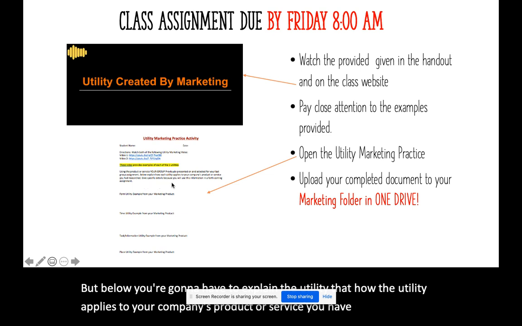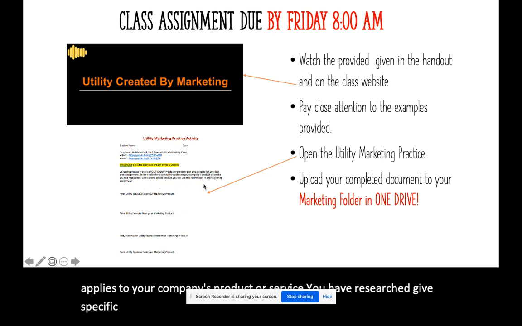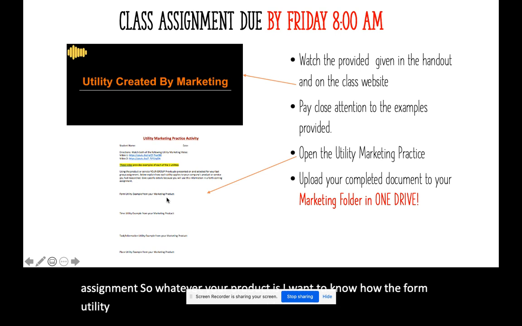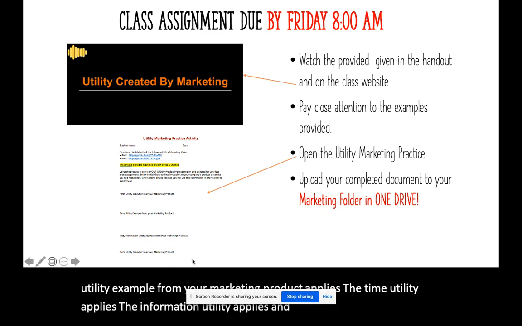Give specific details, because you will use this information in an upcoming assignment. So whatever your product is, I want to know how the form utility, the time utility, the information utility, and the place utility apply.